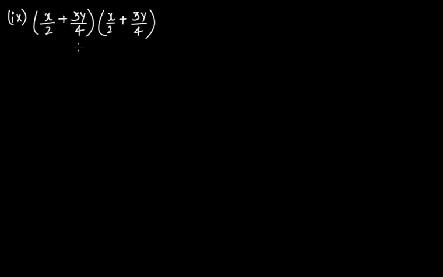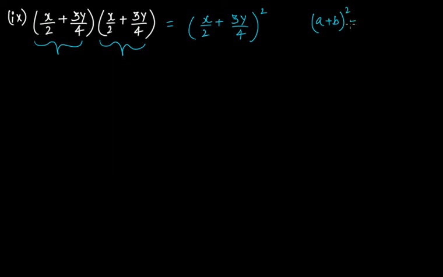In this case, you have x by 2 plus 3y by 4 multiplied by x by 2 plus 3y by 4. If you look at this binomial and this binomial, they are exactly the same. Therefore, this can be written as x by 2 plus 3y by 4 whole squared. This should remind you of the form a plus b whole squared, that is equal to a squared plus 2ab plus b squared.